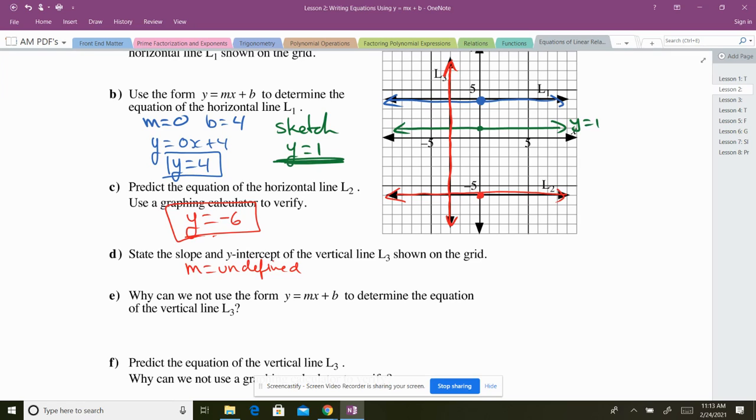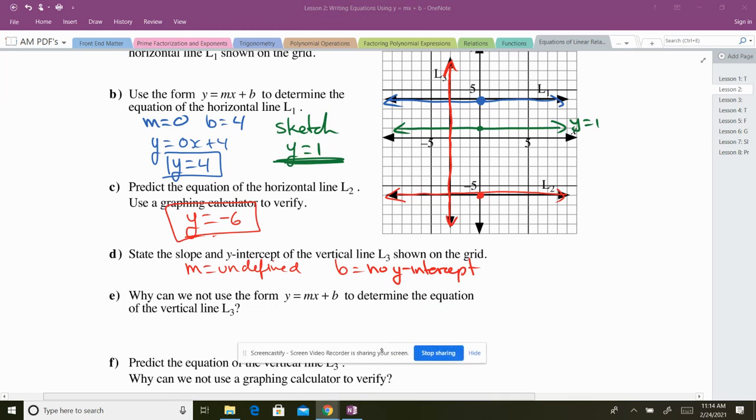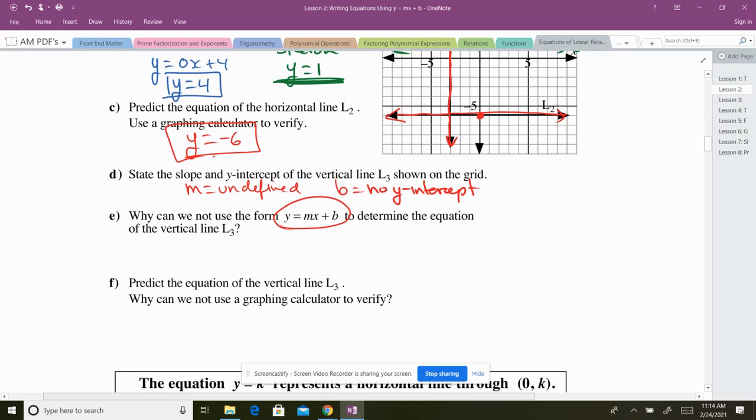And what's the y-intercept of L3? Is there one? No, there is none. There's no y-intercept. So you can't use this equation because the slope is undefined and there is no y-intercept. So that equation gets thrown out the door.